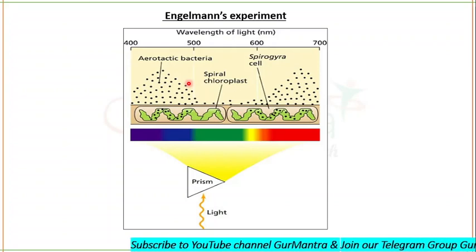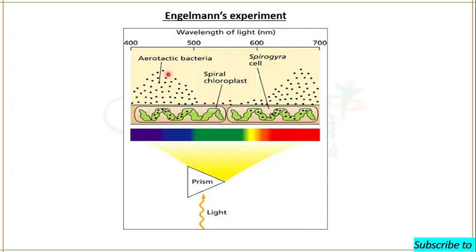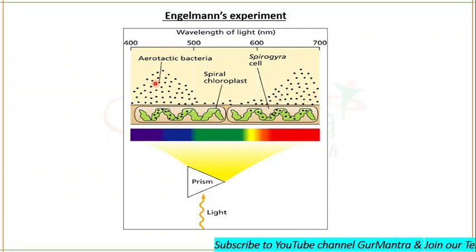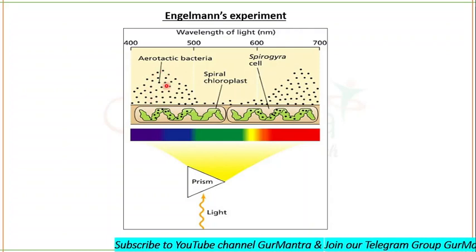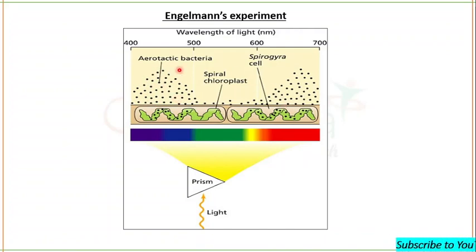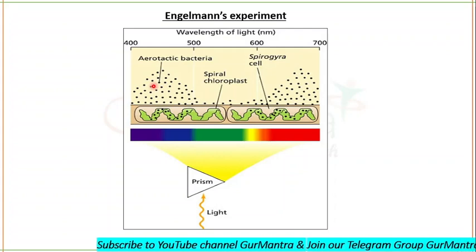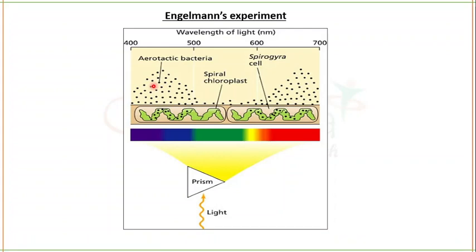So he concluded that the bacteria are gathering more around the blue and red regions. It means that oxygen is evolving more in the region of blue light and red light. More oxygen will be evolved when there is more photosynthesis. The higher the rate of photosynthesis, the more the evolution of oxygen.